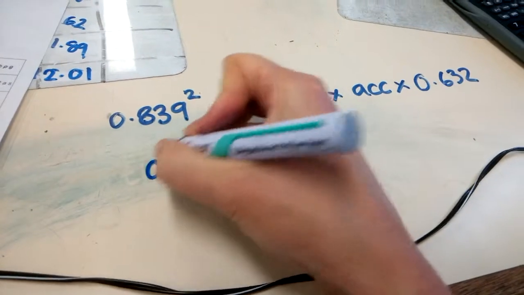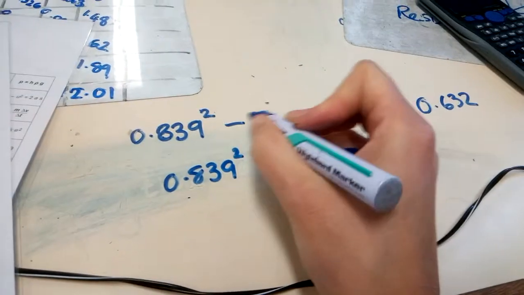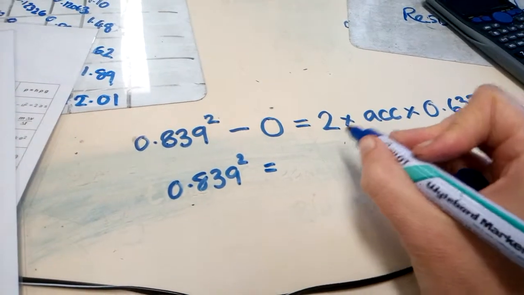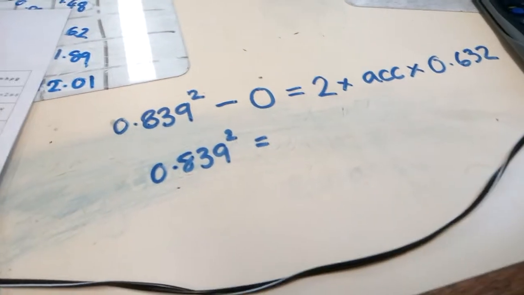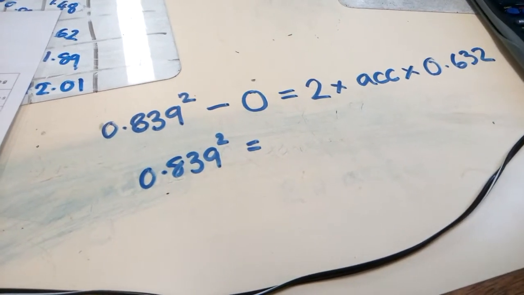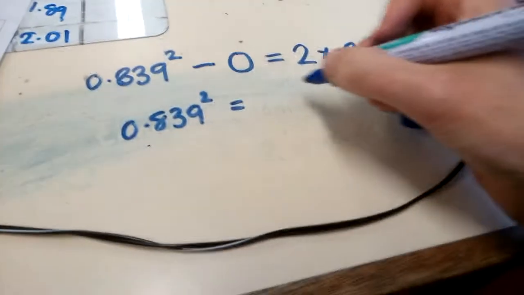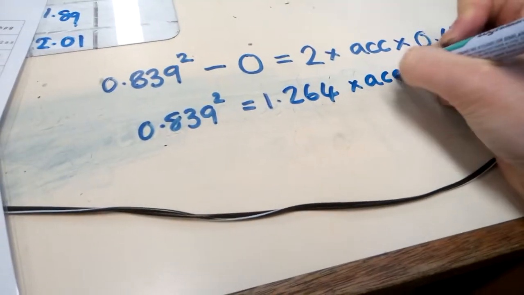So 0.839 squared, take away 0, I can just leave that bit. Then I've got 2 times acceleration times 0.632. If I multiply 0.632 by 2, I can simplify that to equals 1.264 times the acceleration.